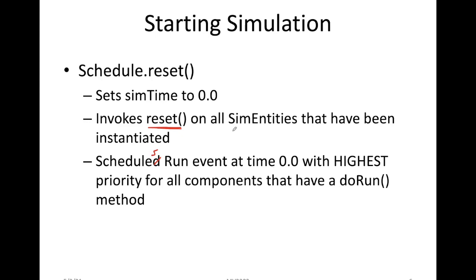Not every component has a doRun method, but while it's looking for this reset thing, it says, okay, do you have a doRun method? If you do, then I'm going to put a run event on the event list at time 0, and I'm going to give it the highest priority. The reason for that is to make sure that all of the run events for every component get executed before any other non-run event.